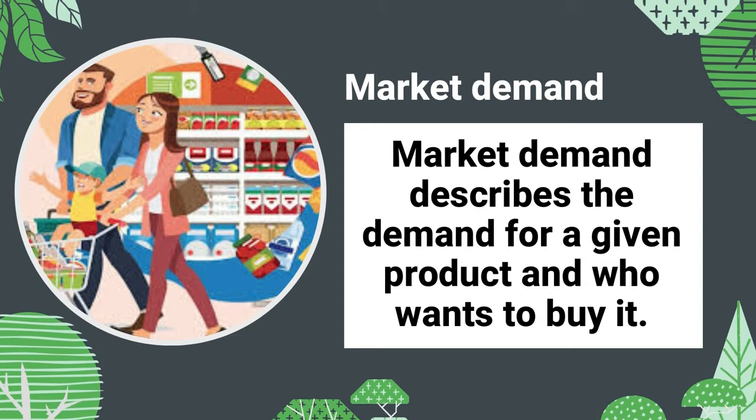This is determined by how willing consumers are to spend a certain price on particular goods or services. As market demand increases, the price also increases. When the demand decreases, the price will go down as well.